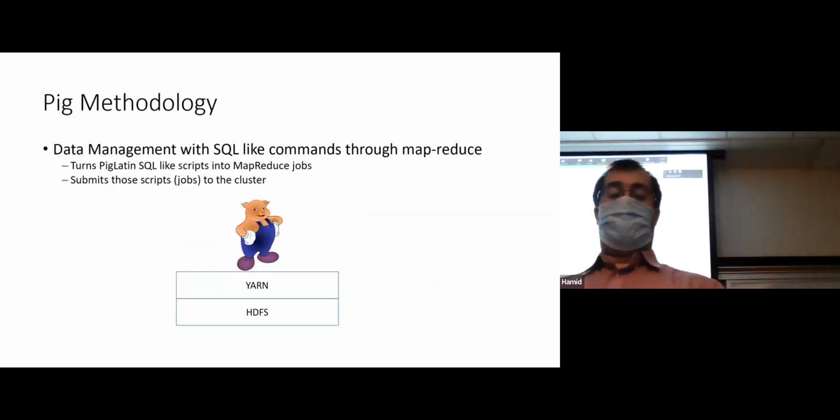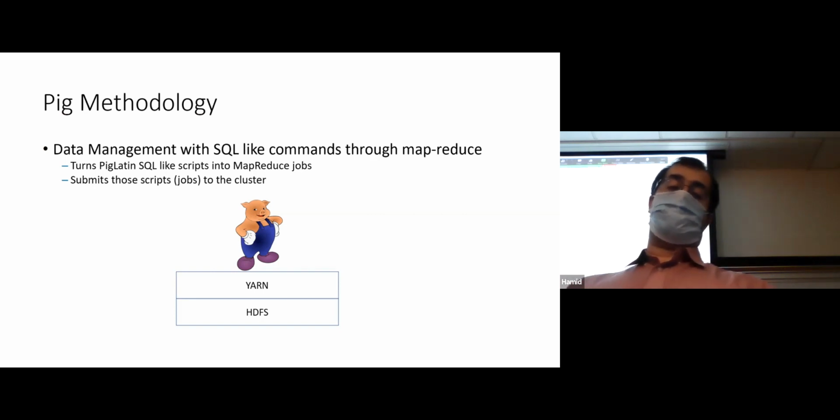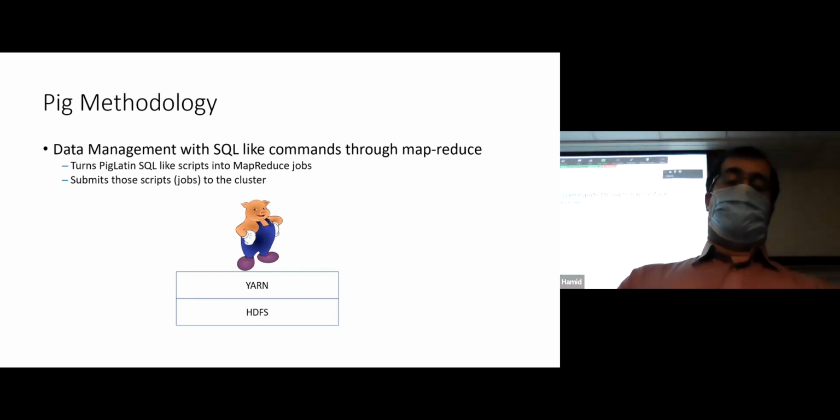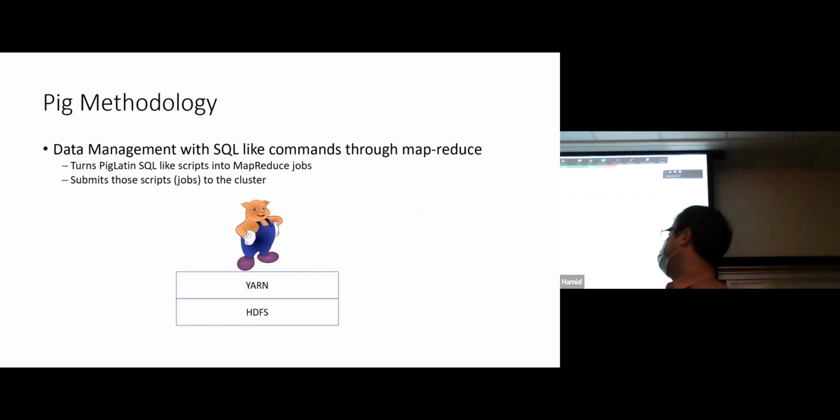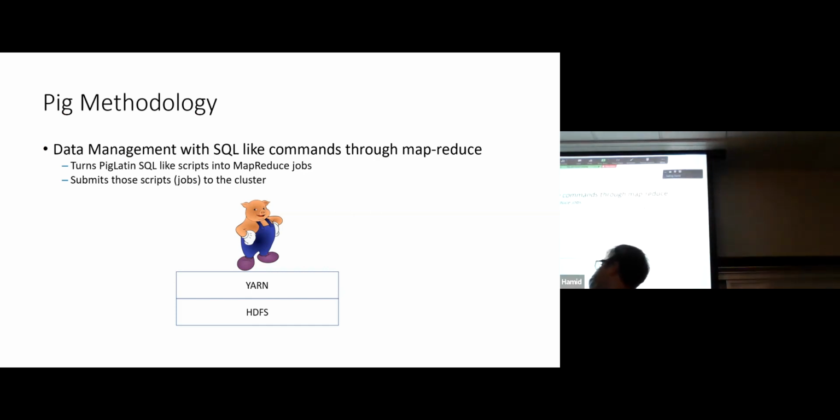So the big picture is here. At the bottom, you have the Hadoop distributed file system. Here we just have one system, but when you do parallel processing, you could have hundreds of nodes. YARN manages the Hadoop file system, and Pig is just mounted on top of it.